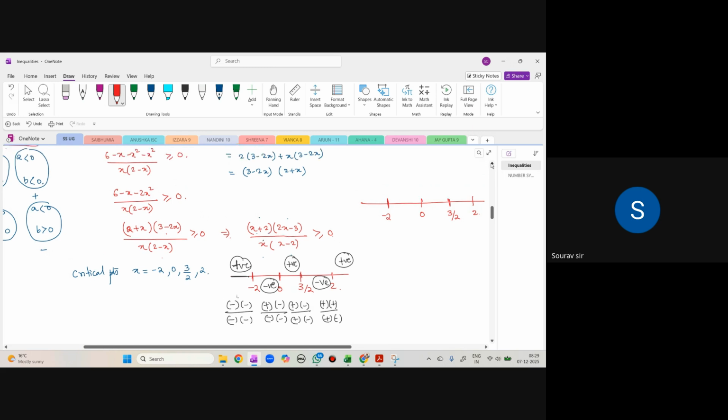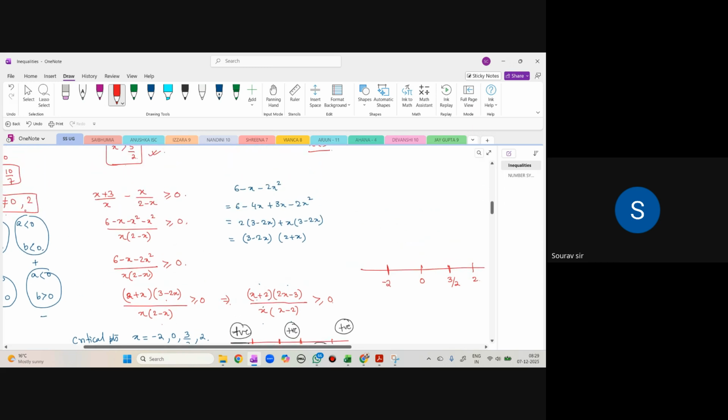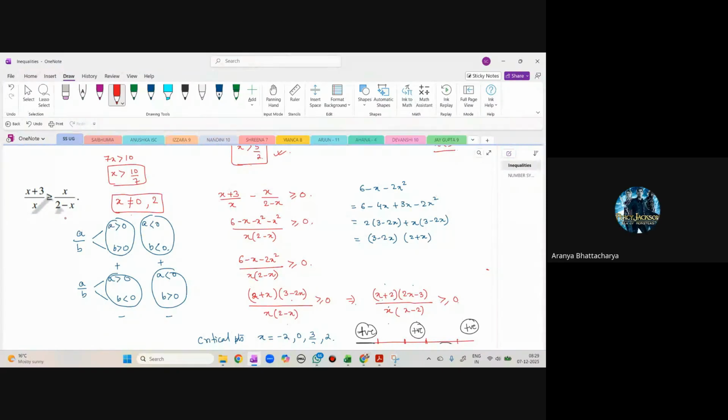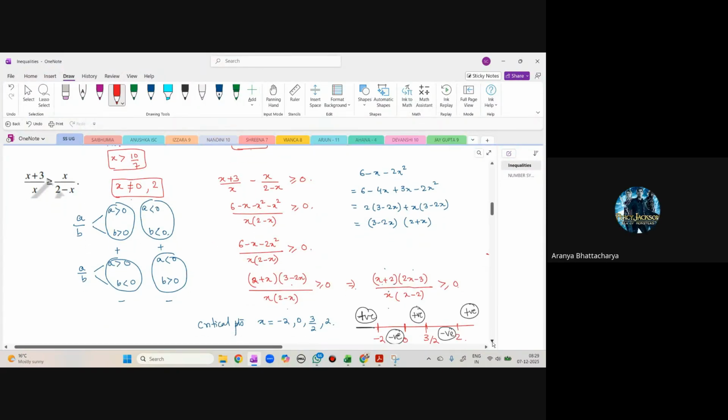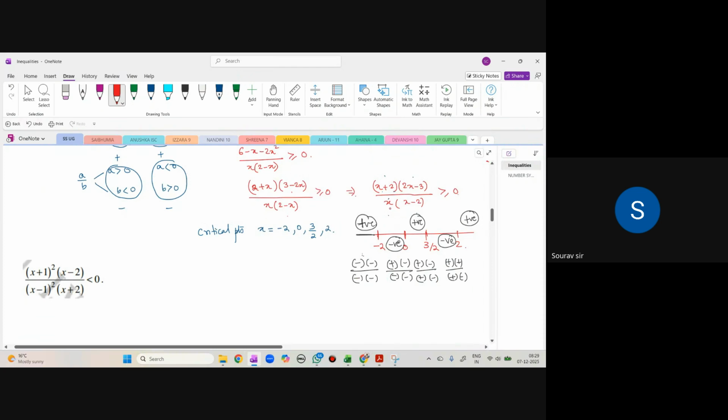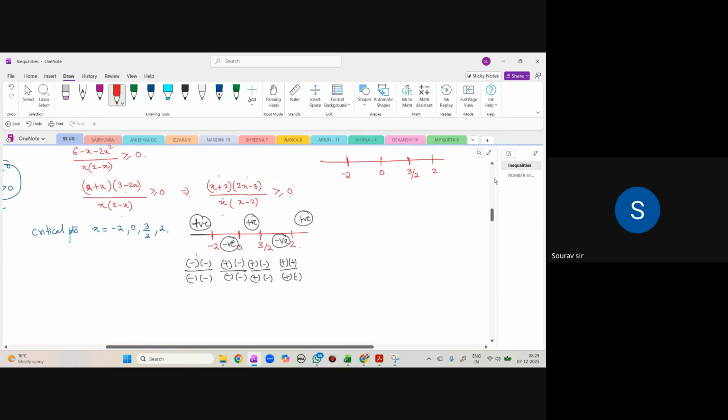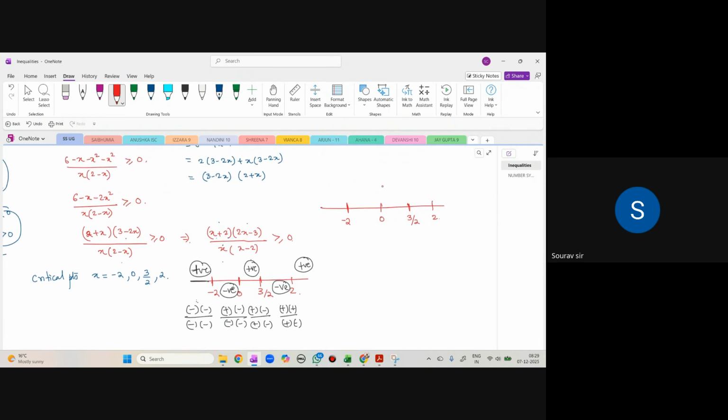Why? Because you see what I told you in the beginning. X cannot be 0 or 2. What happens when X is 0 or 2? The equation becomes undefined. And in the final expression also I have X equal to 0 and X equal to 2 in the denominator, which means these values will make the expression undefined. So when you have something going undefined, that means the curve will go to both positive infinity and negative infinity at the same time.